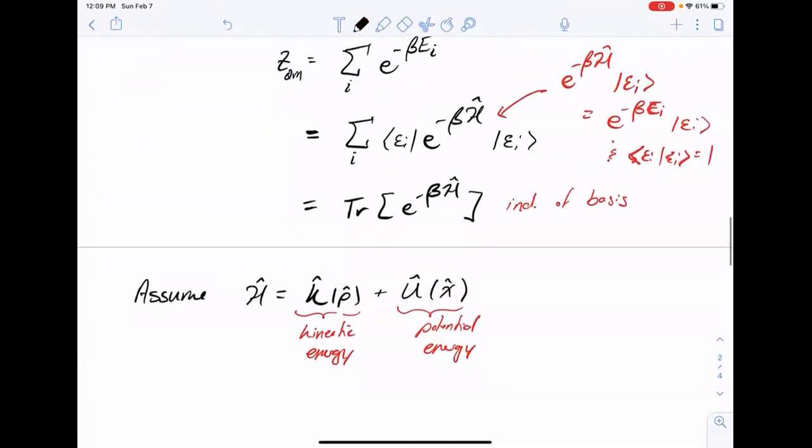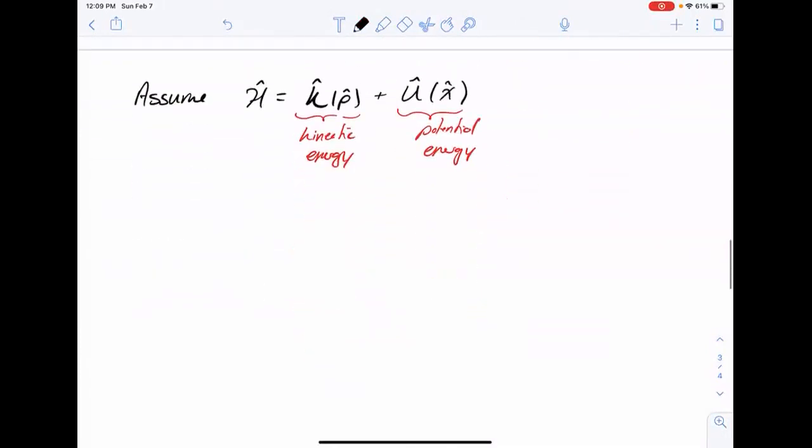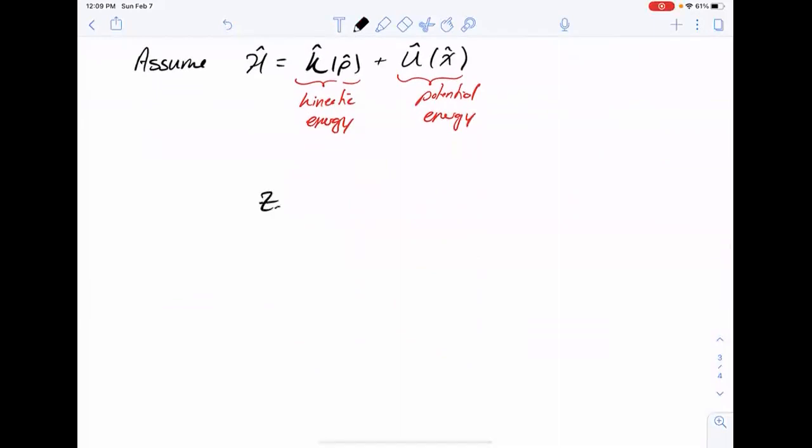Because of this formulation of the partition function as a trace, I could, if I wanted to, compute that partition function by summing over the real space eigenfunctions, denoted with the bra-kets x, like so. That would be choosing a specific basis of real space functions.